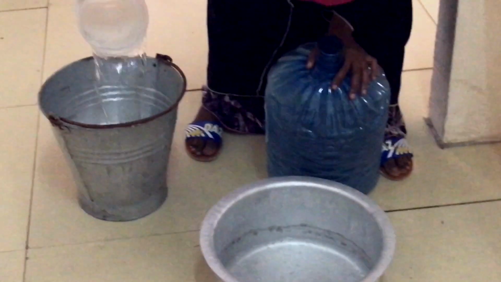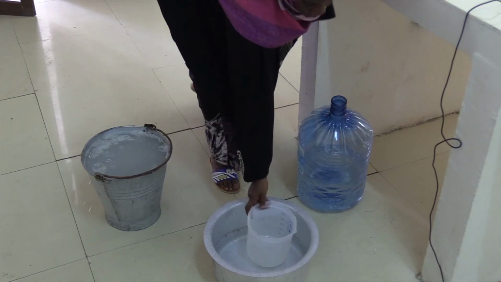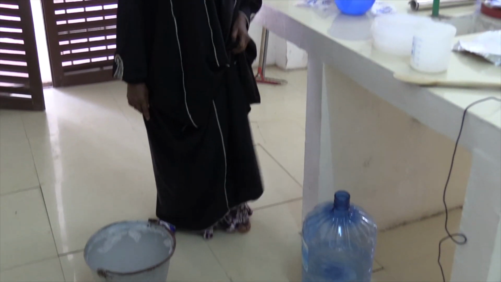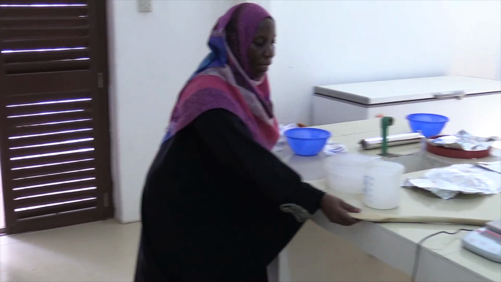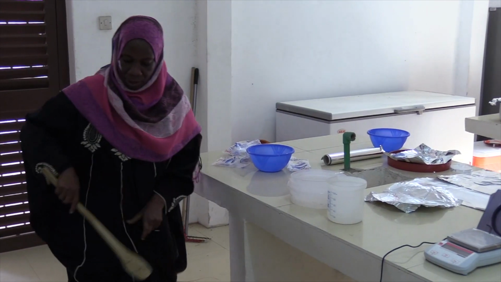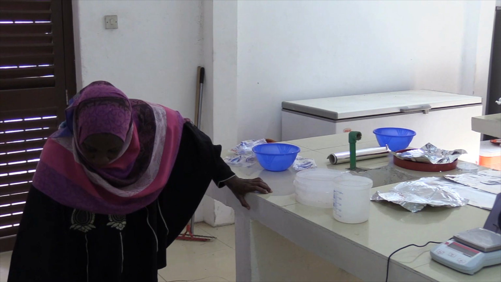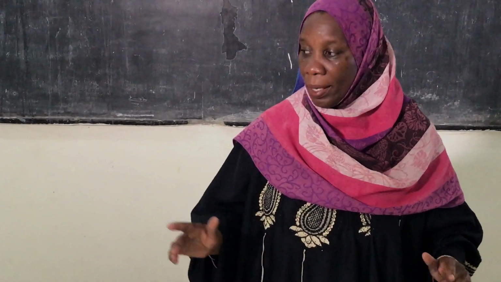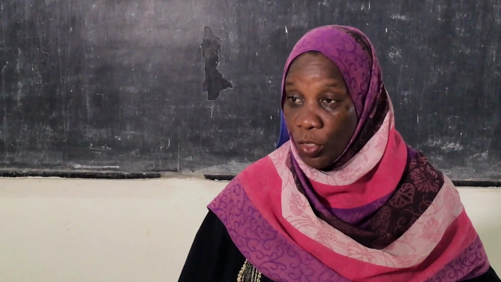Yes, this is 2 liters. Now we're going to make a saturated solution of 10 liters. And after that, we should stir it. We have already made our saturated solution of sodium chloride. We are waiting for it.